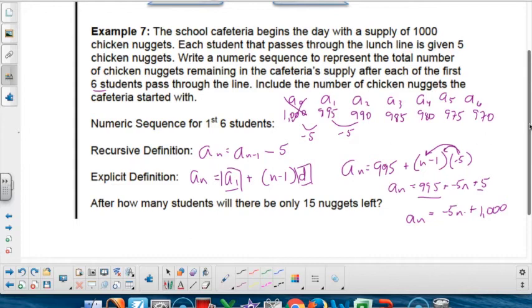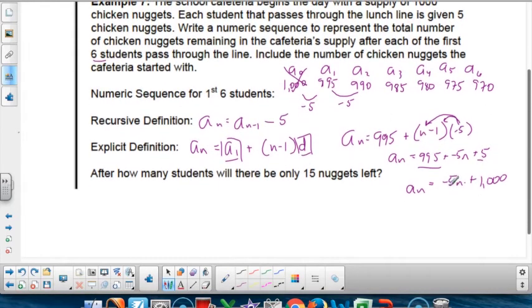So what I'm going to do is set this equal to 15 because I want my nuggets to be 15. So that's going to look like this. I'm going to have 15 equals negative 5n plus 1,000. And I'm going to solve this equation. I'm going to subtract 1,000 from both sides.